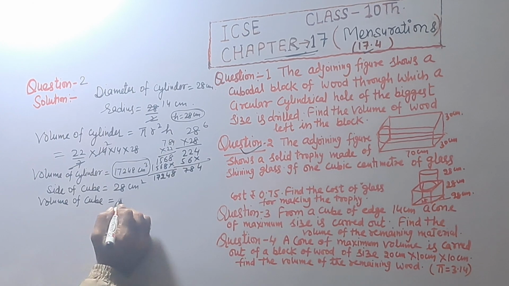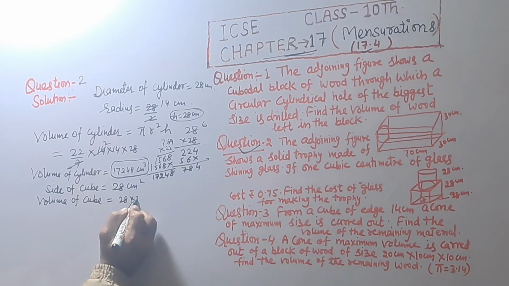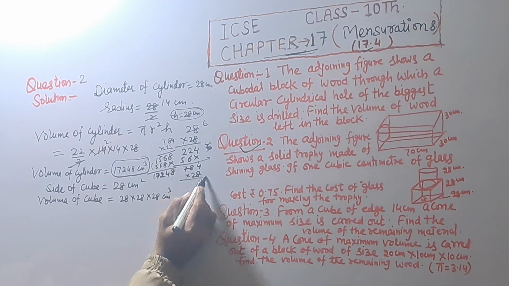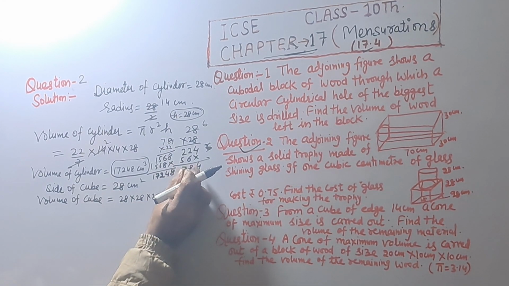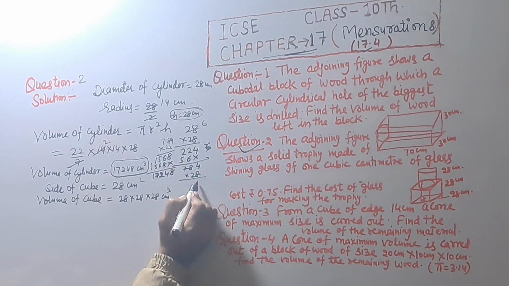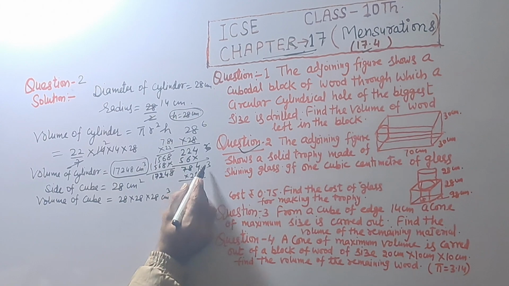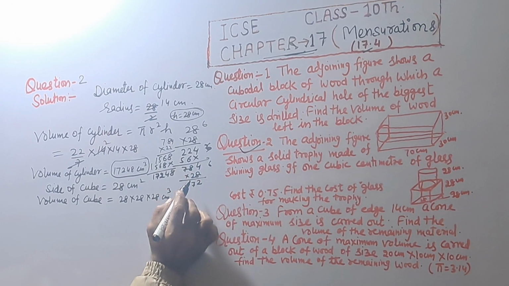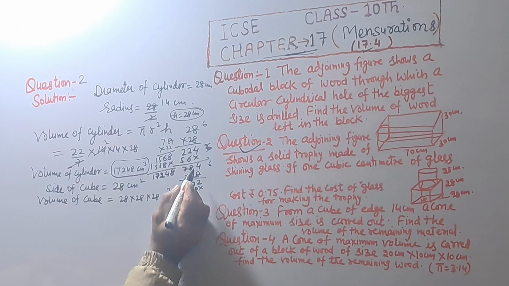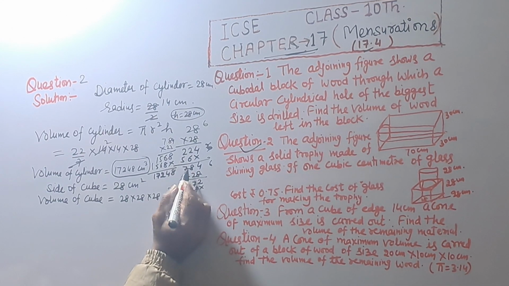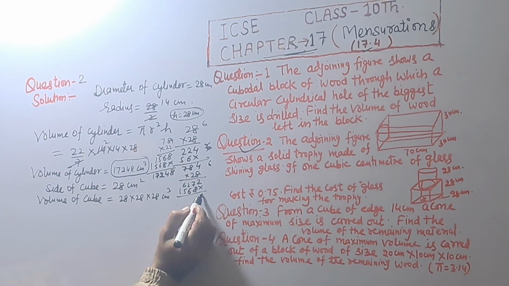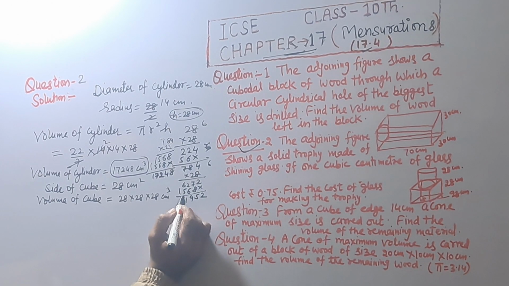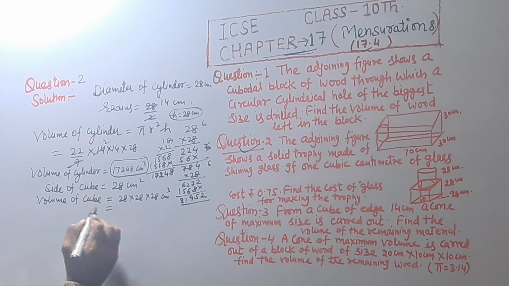Volume of cube is equal to side cube, that is 28 into 28 into 28 centimeter cube. 28 into 28 is 784, multiply by 28. 8 4s are 32, 2 carry 3, 8 8s are 64, 64 plus 3 is 67, 6 carry, and 8 7s are 56, 56 plus 6 is 62. Then 2 4s are 8, 2 8s are 16, 2 7s are 14 plus 1 is 15.